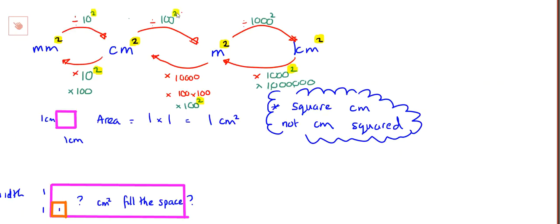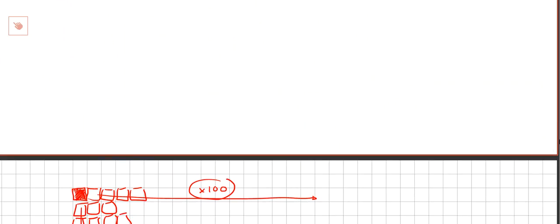Take the same numbers as for length, but square them. Height, the same thing. It depends, doesn't it? Length and width and height does depend on what you're looking at.